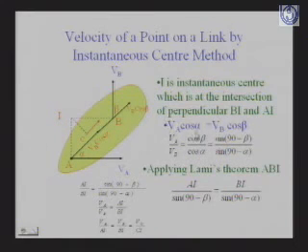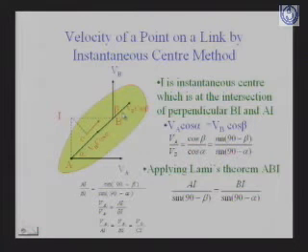Now we resolve the velocity along the link. You just see that there are two components, one along the link and another perpendicular to the link. Along the link it is VB cos beta. Similarly, along the link we have VA cos alpha.